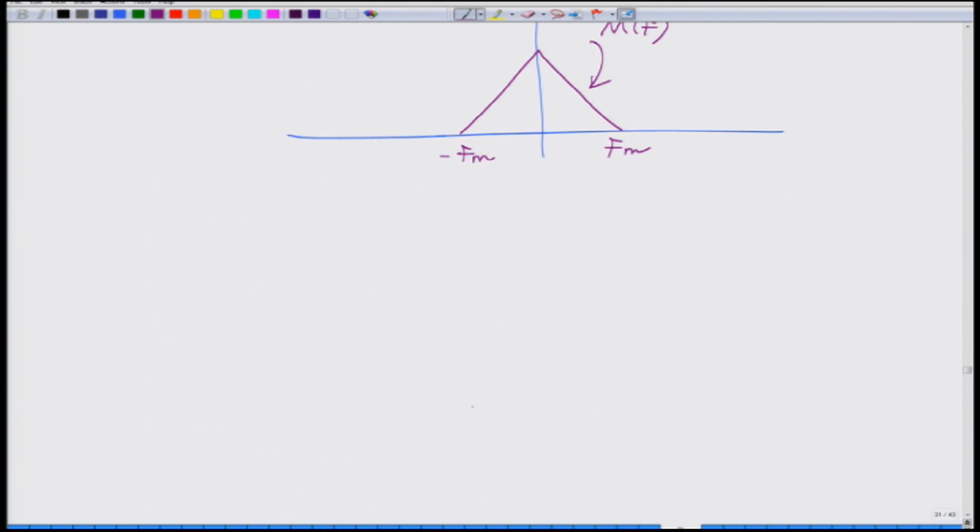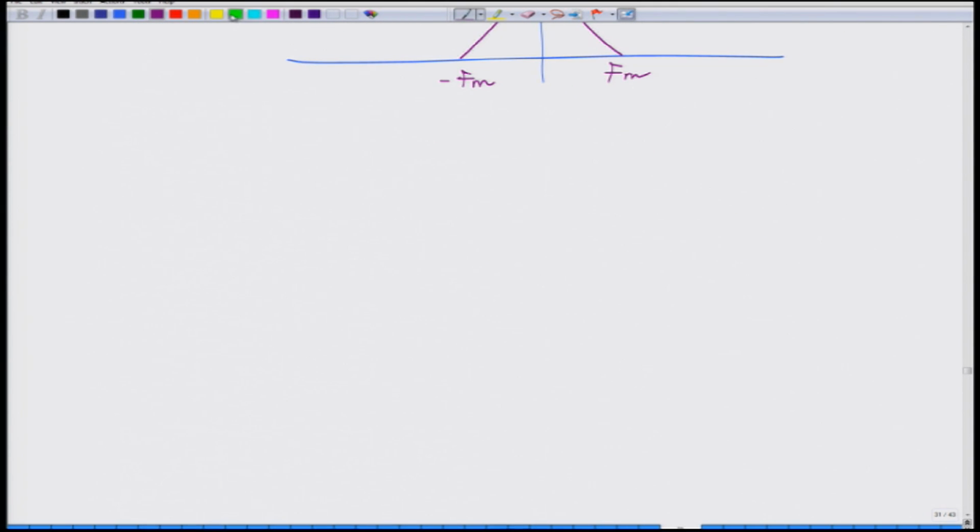So, therefore, the reconstruction procedure would be, I have my PAM signal or my MP of T, I pass this through first LPF, cutoff is Fs by 2, okay. This is my PAM signal.